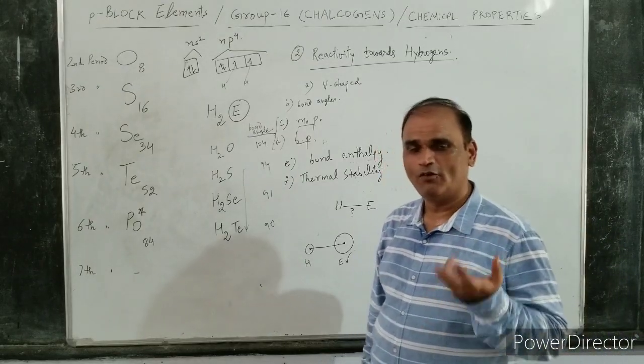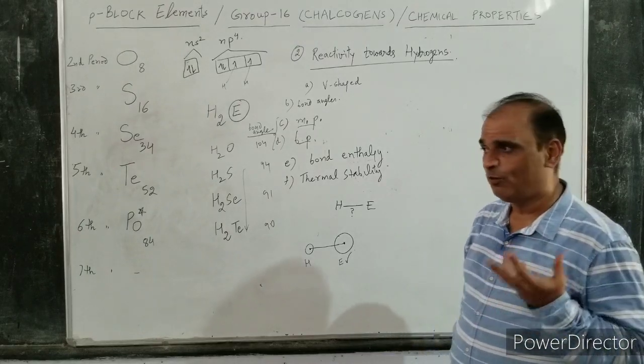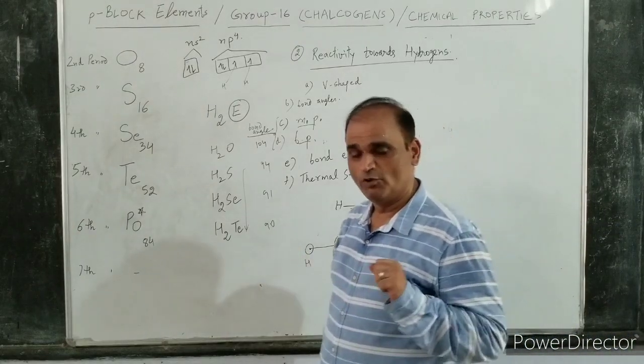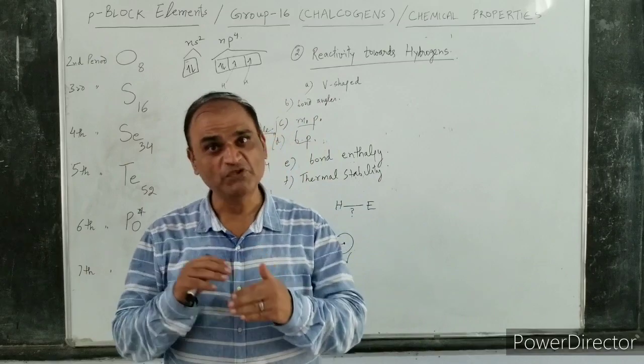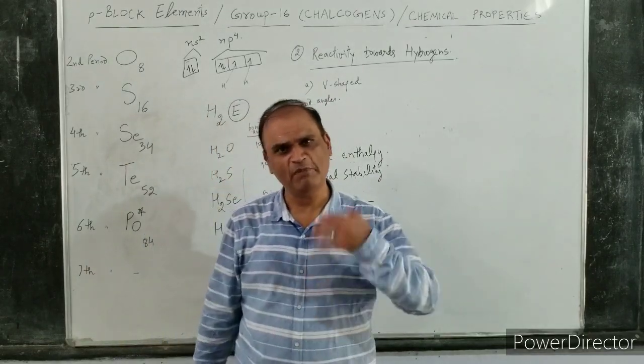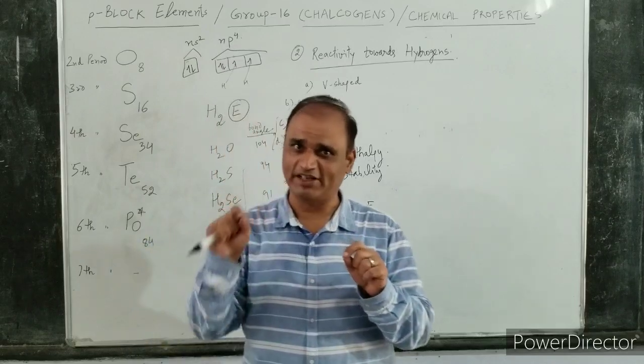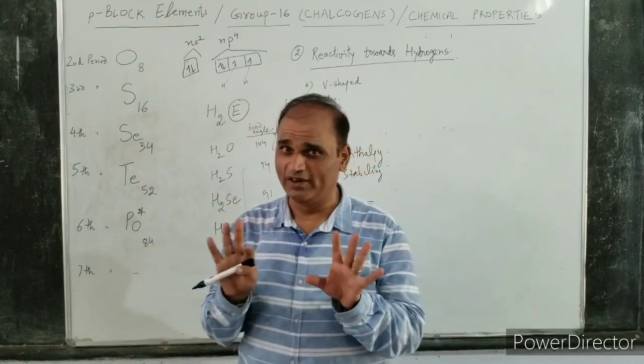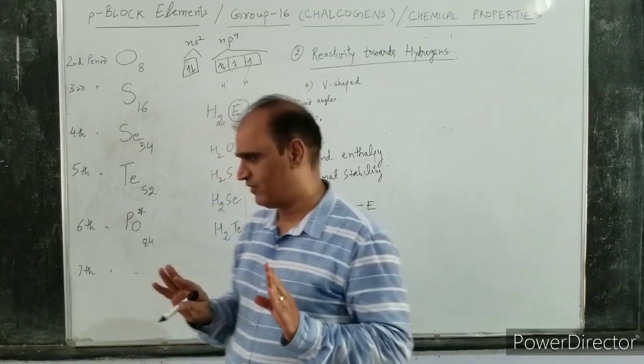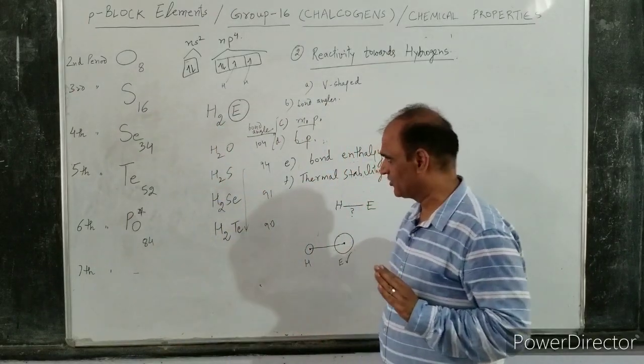That is why water is very stable. We boil water, H2O, it becomes steam. But even then it remains H2O. In steam also, molecules are H-O-H. The H-O bond is not broken, not dissociated. So water is thermally very stable.